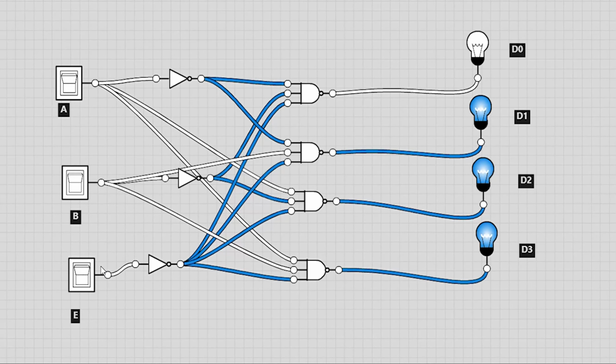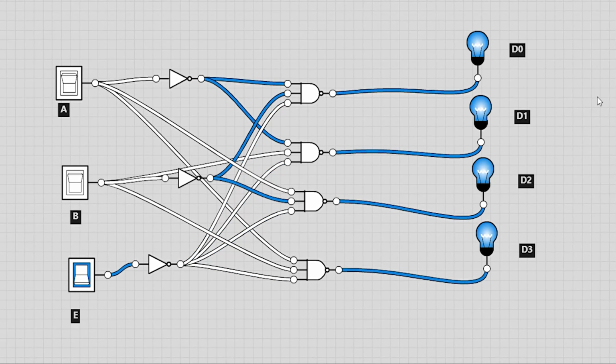Now we are going to see the decoder simulation. A, B, C are the inputs. D0, D1, D2 and D3 are the outputs. Here D1, D2, D3 are activated, that means high. Here now E is activated.